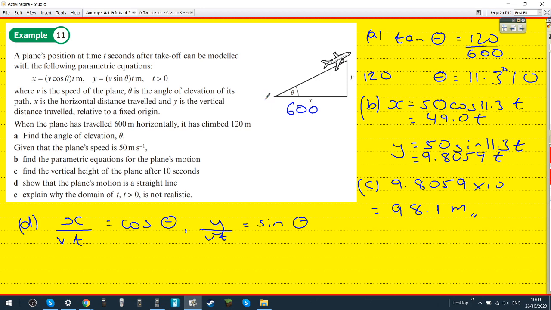Maybe this is overkill. Maybe it's just a simple thing. How do you show that it's a straight line? Prove that it's a straight line. So you couldn't find the Cartesian equation. If we're finding the Cartesian equation, we have to eliminate t, but we also have to eliminate theta, but we know theta.